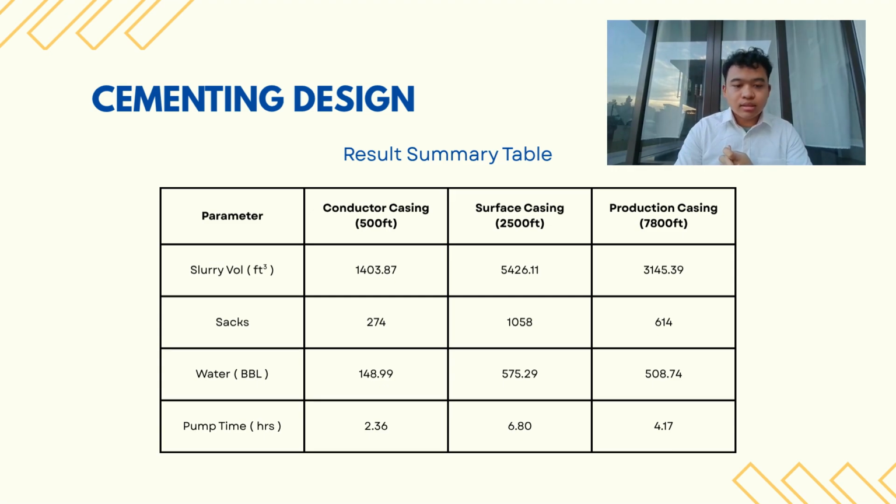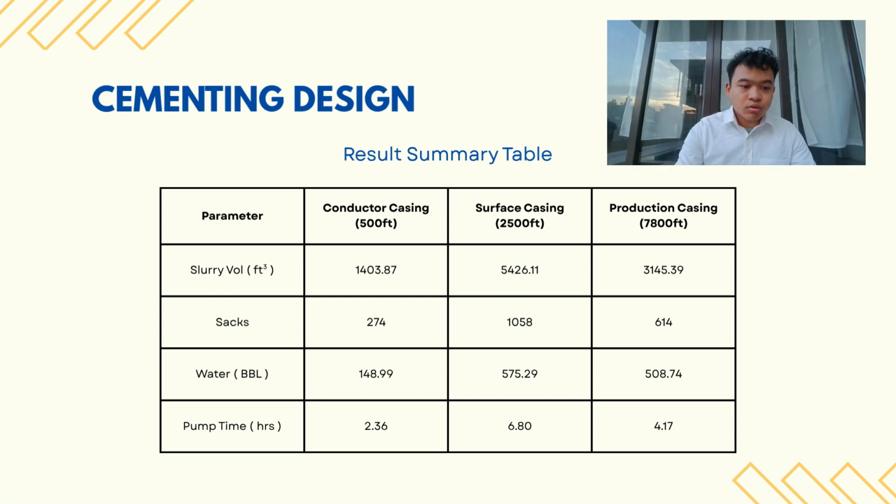Then for the production casing we get 3145.39. That's for the slurry volume. As for the sacks, the conductor casing needs around 274 sacks. Surface casing needs around 1058 sacks, and production casing needs around 614 sacks.